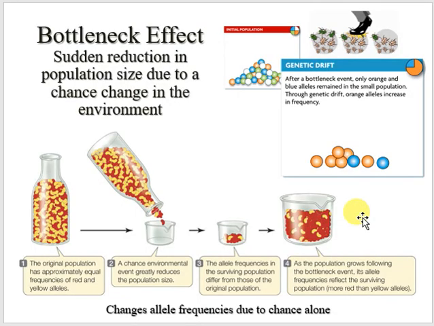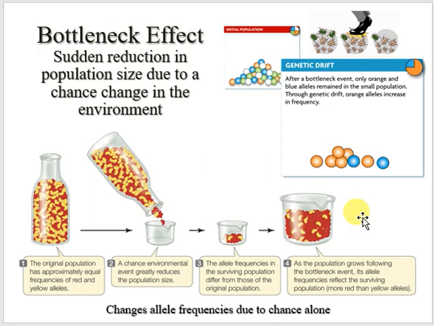Well, the bottleneck occurs when populations undergo periodic crashes. So you create a genetic bottleneck by dramatically reducing population size.